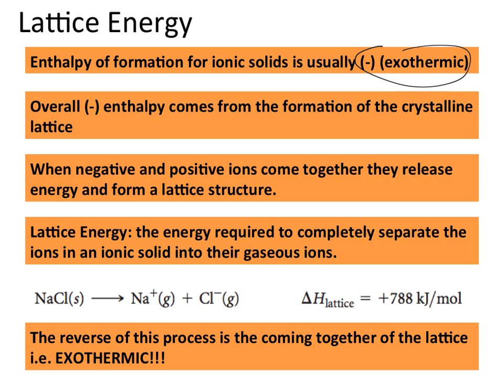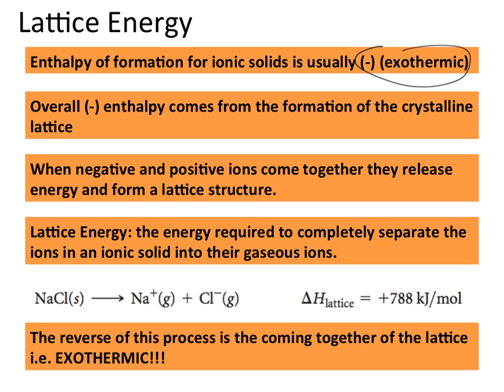The energy that's released actually comes from the formation of the crystalline lattice. The energy released when the two ions come into close proximity and interact is basically multiplied by the three-dimensional structure that was seen on the previous slide.